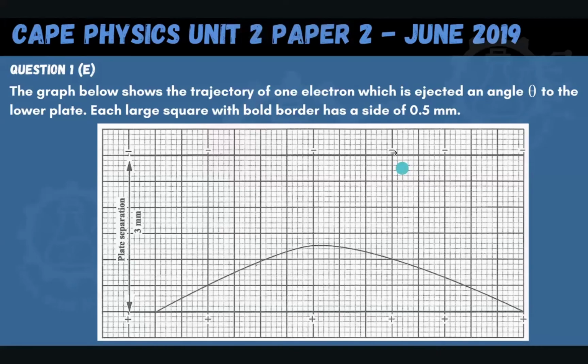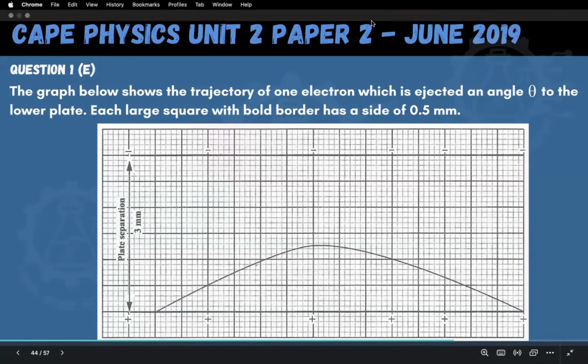Okay, so part E says the graph below shows the trajectory of one electron, just a single electron, which is ejected at an angle theta to the lower plate. Each large square with bold borders has a side of 0.5 millimeters. So here is the trajectory of one electron at an angle.